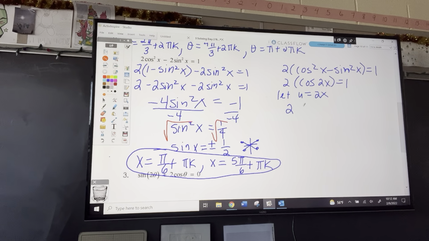Cosine of u equals 1. Divide both sides by 2. Cosine of u equals 1/2. Where does cosine equal 1/2?